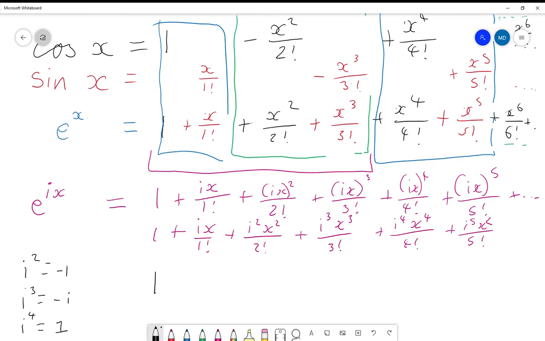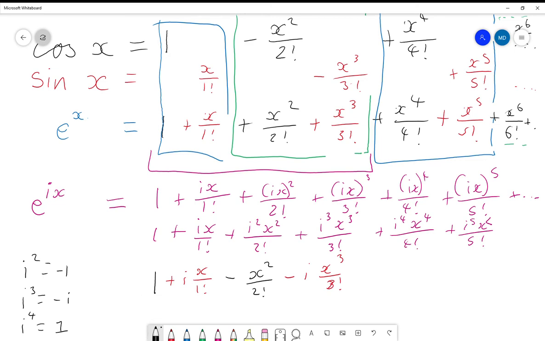We get 1 plus i lots of x over 1 factorial. And then i squared is negative, so we get minus x squared over 2 factorial. And then we get i cubed is minus i, so we get minus i lots of x cubed over 3 factorial.